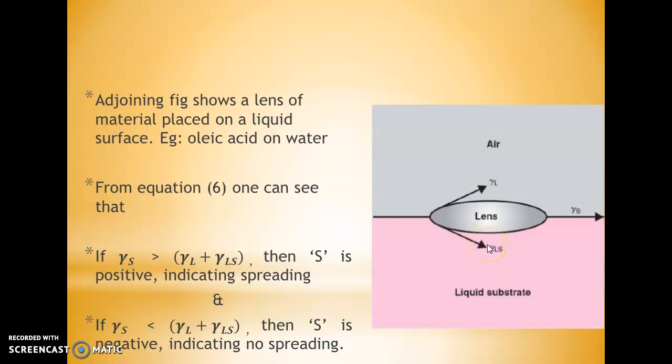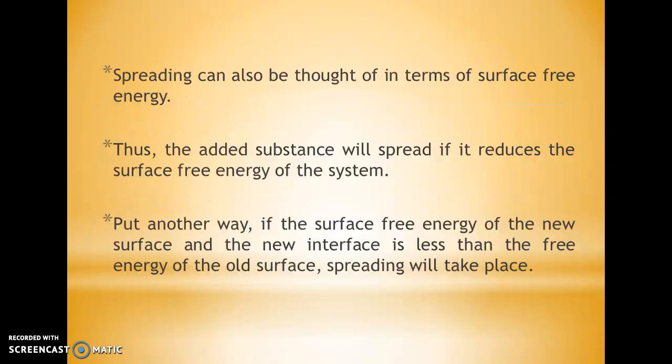In that case, the spreading coefficient value is positive. When the value of gamma S is less than the sum of the two surface tensions, that is gamma L and gamma LS, the spreading coefficient value is negative, indicating no spreading.